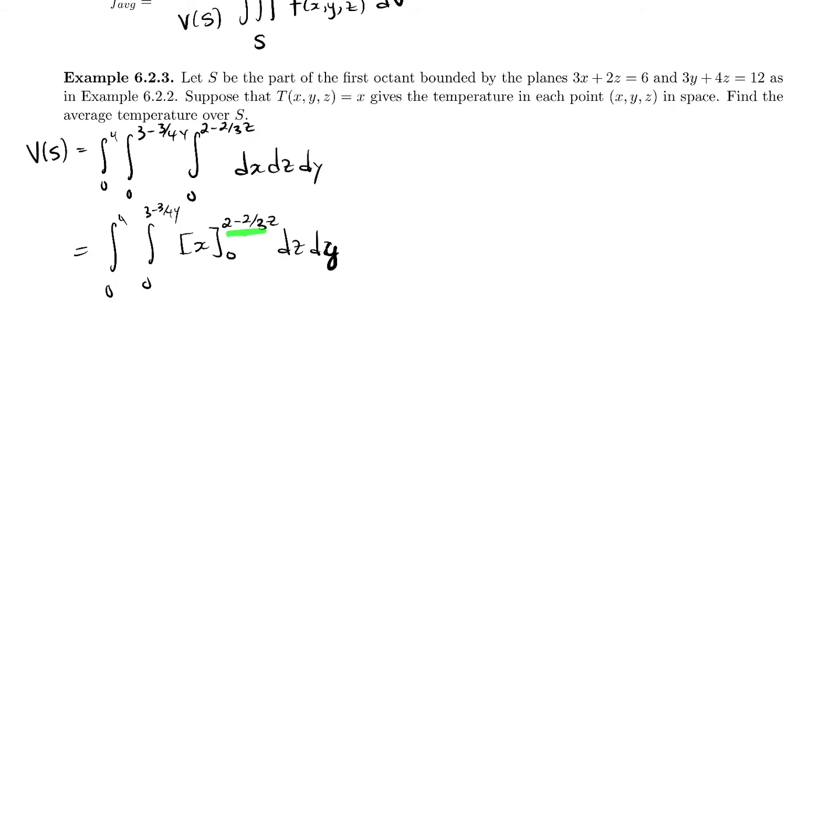running the fundamental theorem, subtracting 0 at the bottom. Honestly, one of the longest parts of evaluating triple integrals is just recopying the integrals. We have here 2 minus 2/3 z, which we're going to integrate with respect to z, and then again with respect to y.